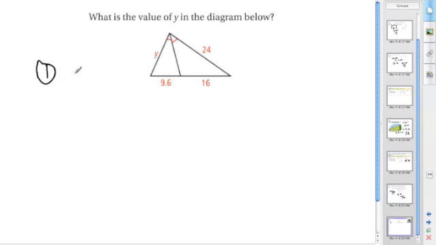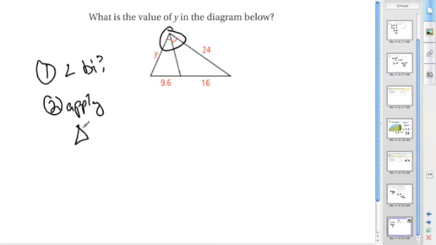So, do we have an angle bisector? Yes, we do. We have an angle bisector right there, therefore we can apply the triangle angle bisector theorem.